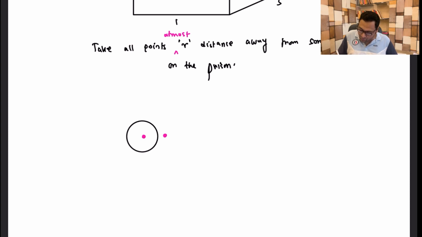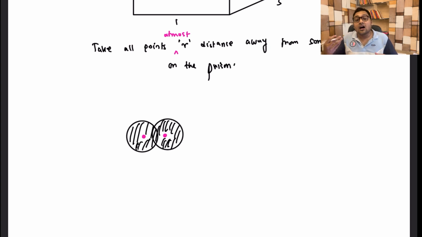The R neighborhood of the second point. Maybe it's like this. And you take the union of them. So the entire shaded region is now the R neighborhood of this pair of points, the 2 points.